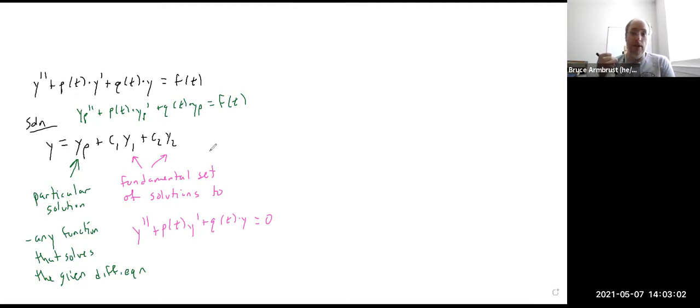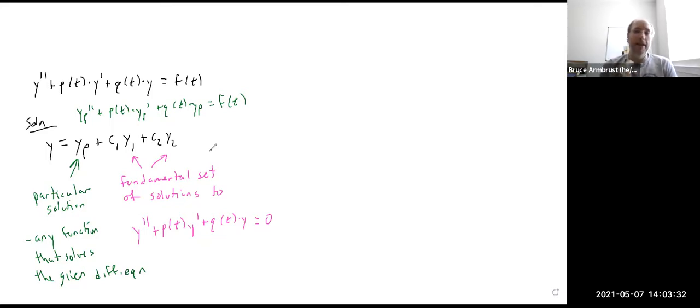That's what the C's are all about. But what we made use of last time when we were finding a specific or particular solution is we were just finding any function that actually satisfies the differential equation. Because you can then add to that the linear combination of the fundamental set of solutions, and you now have all solutions to your differential equation.